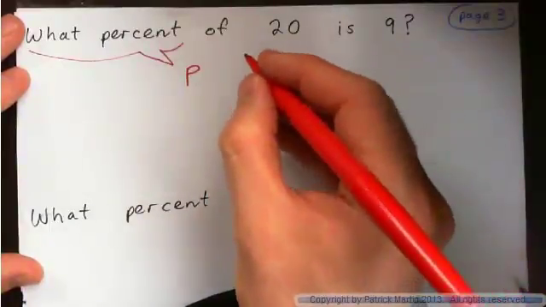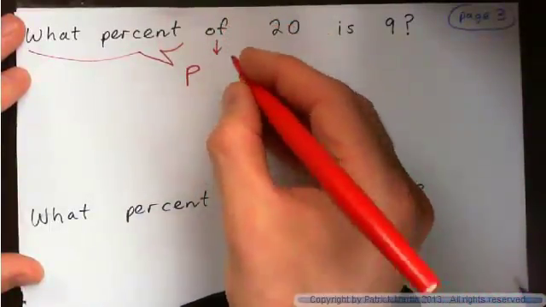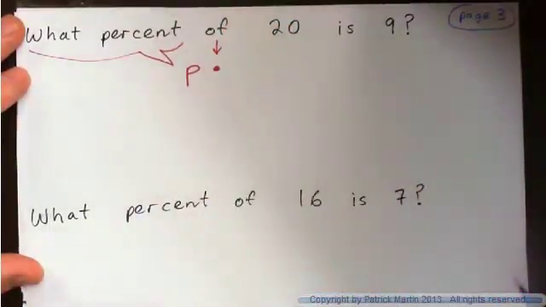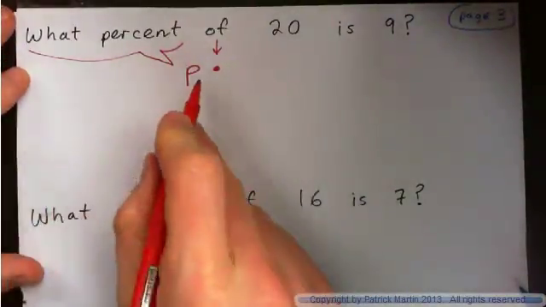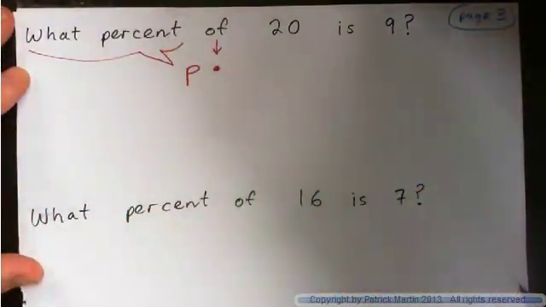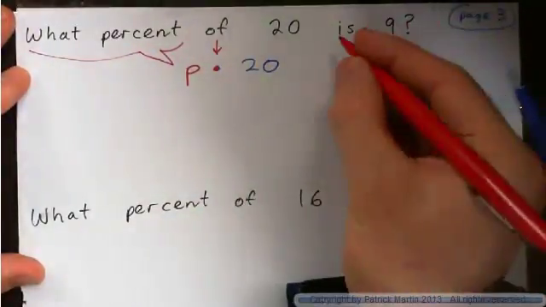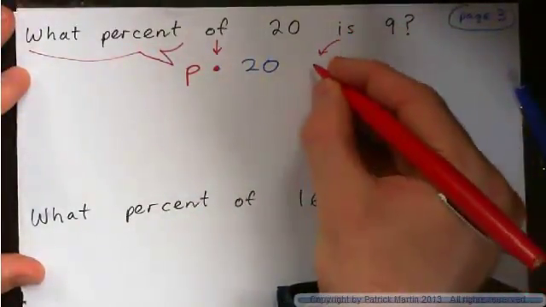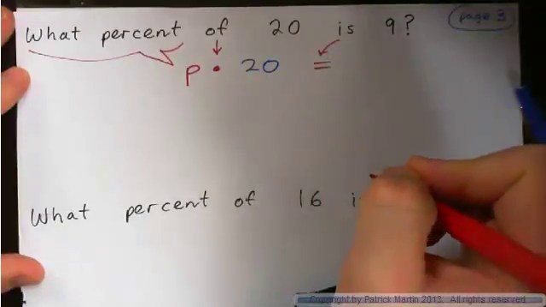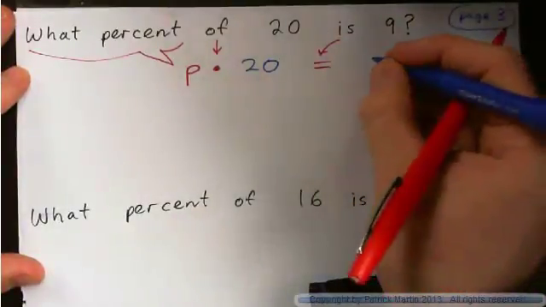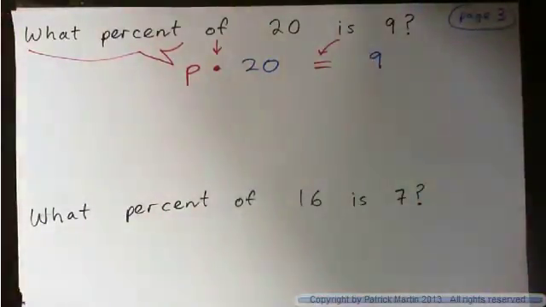Okay, of means multiply. What percent P of 20? So 20 comes next. Is, the word is can be represented with an equal sign, is 9. See that? What percent of 20 is 9?